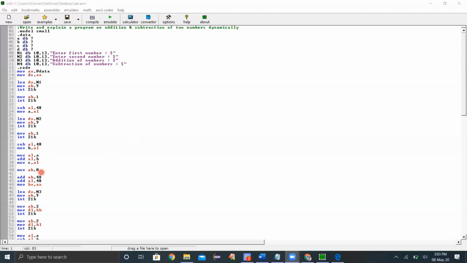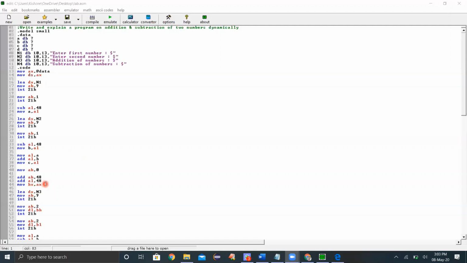Next, initially AH has some other value, so we first make it 0 and then add 30 to AH. This is used to convert our addition value, which is a decimal value, into a value understood by the 8086 processor.